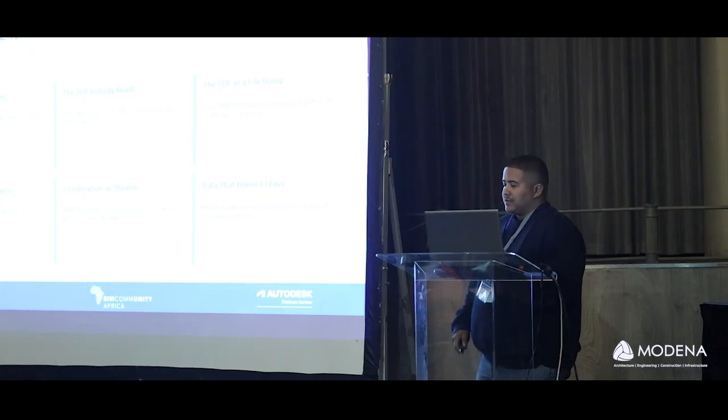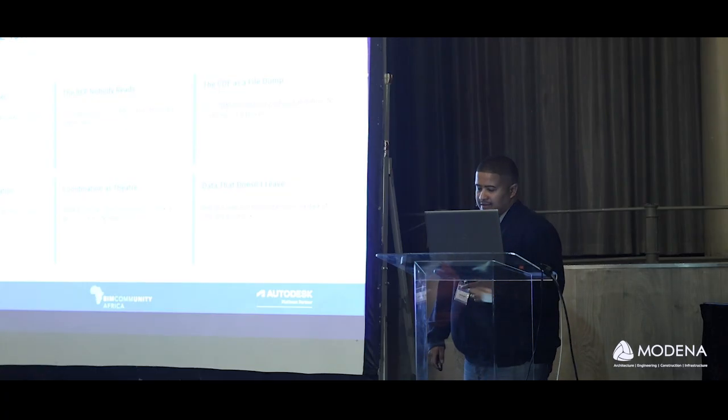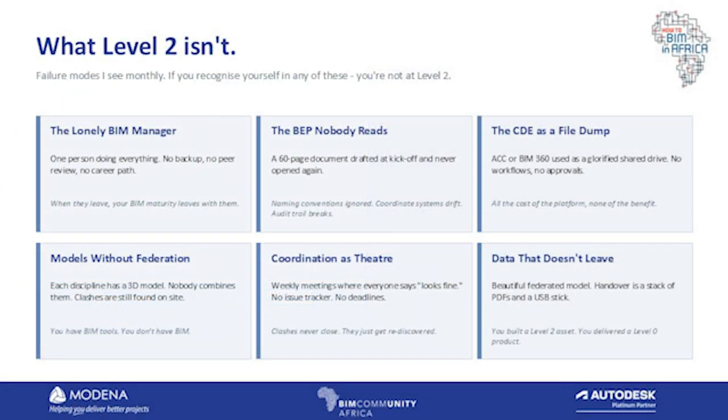Then thereafter, talking about what level 2 is. So let's be honest, with level 2, it's not the lowly BIM manager or BIM coordinator that is tucked away in a little corner trying to do the clash detection, etc., and not producing a BIM execution plan that is 60 pages that no one really reads.